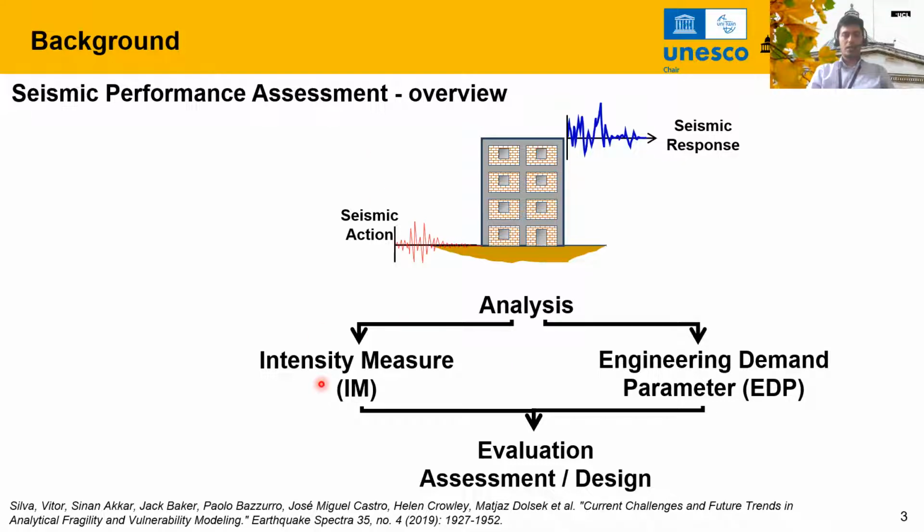So the input is represented by a suitable intensity measure, PGA or SAT1, and the output, that is seismic response of our building, is represented by engineering demand parameter, which could be base shear or the shear forces on the stories or the displacement terms. For example, the roof displacement or the inter-story drift or even the floor oscillations. So this is the broad picture of what we are going to talk about here.